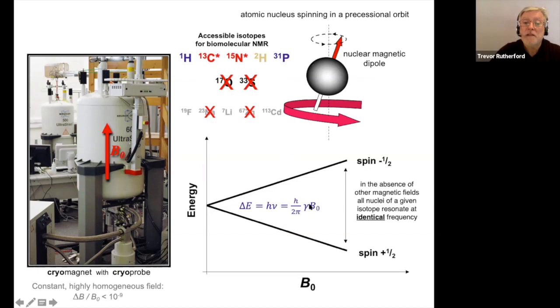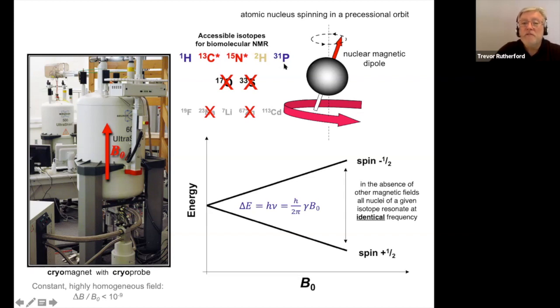It has this proportionality constant gamma, which hides all sorts of the most complicated aspects of the nuclear physics that goes beneath it. It's all conveniently packaged into the single property called gamma, which is characteristic of a particular isotope.